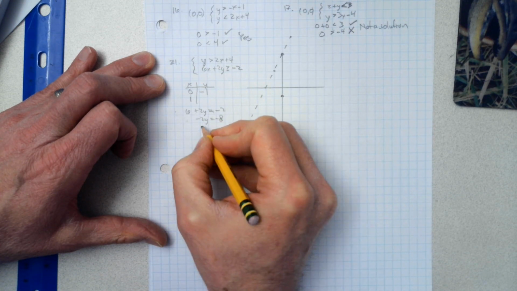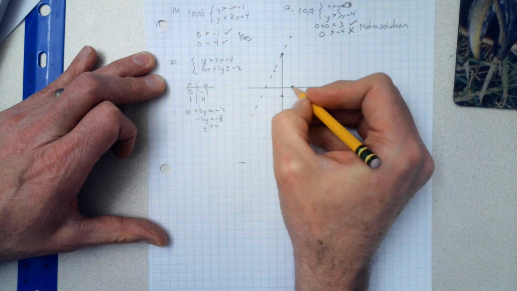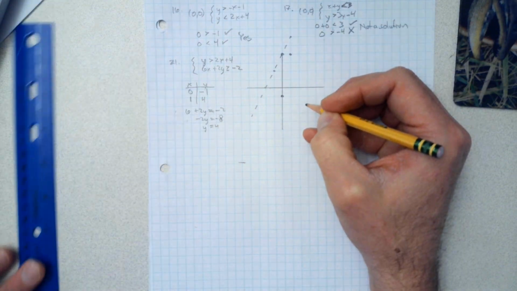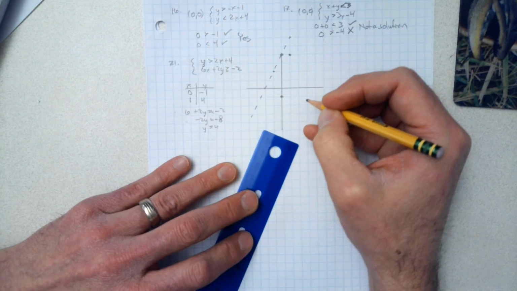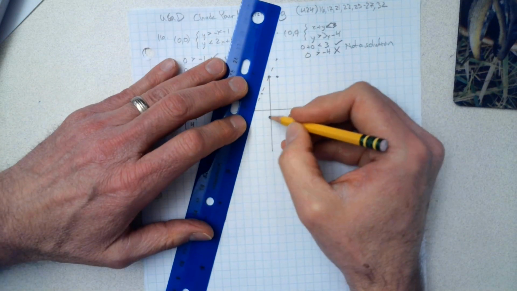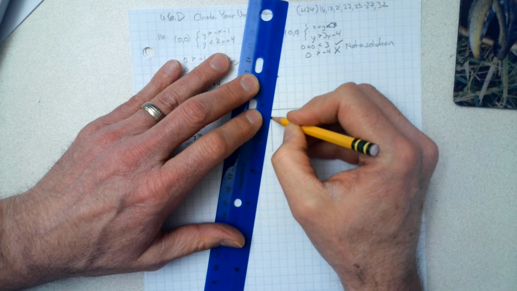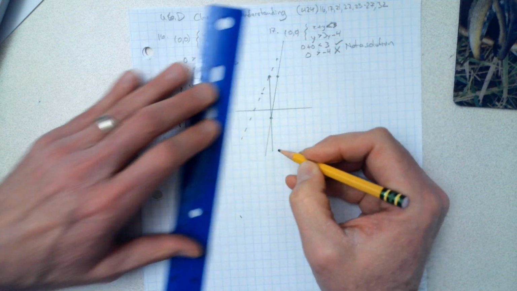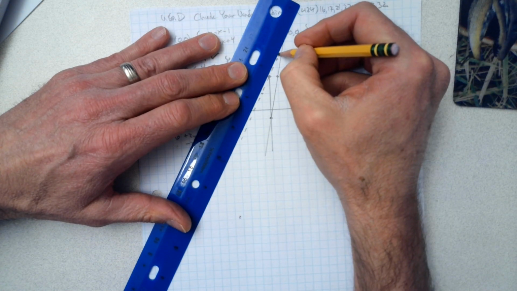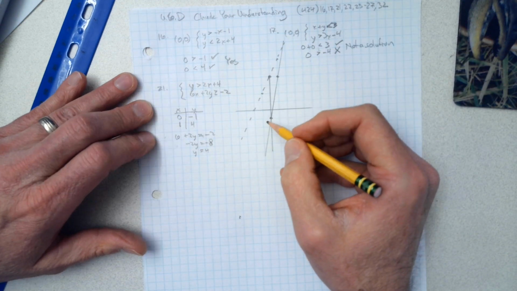Divide by negative 2, and y will be 4. So (1, 4) is on that one as well. And so that's going to be a solid line going through those. It's not looking like I'm going to get all the way up to where those would intersect, but pretty close up there somewhere.